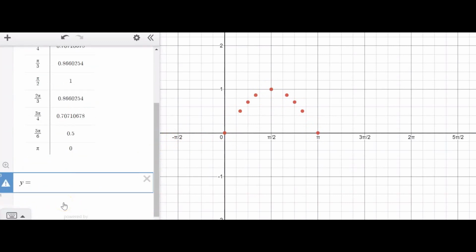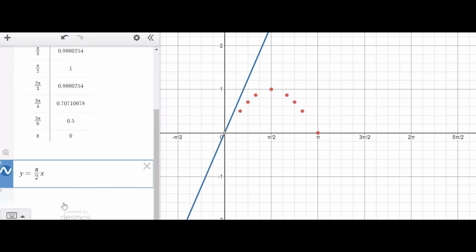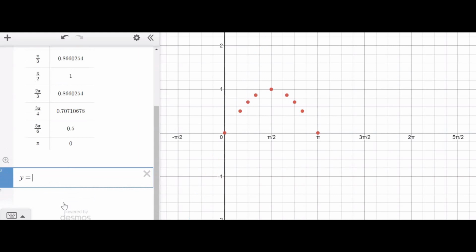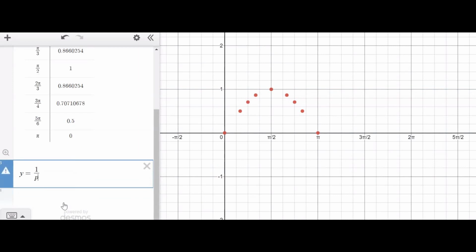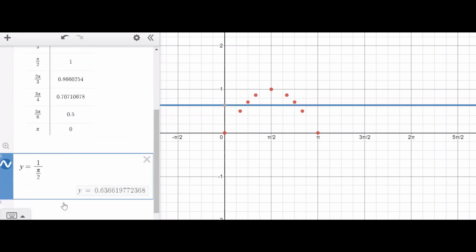It would look like y equals, let me get my pi over 2 up to 1. It would be 1 over pi over 2, times x.